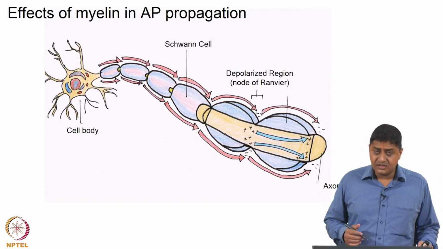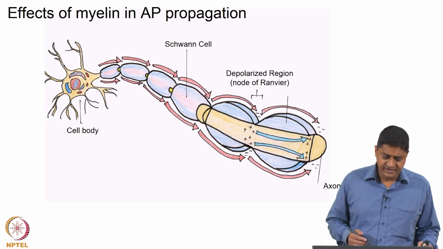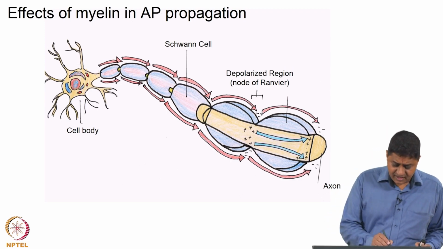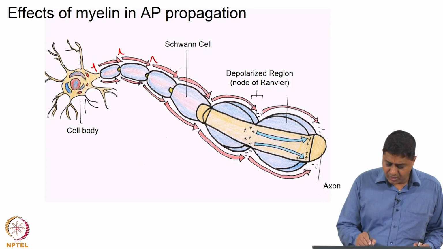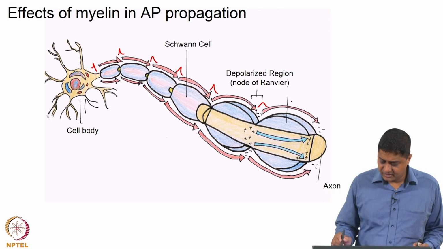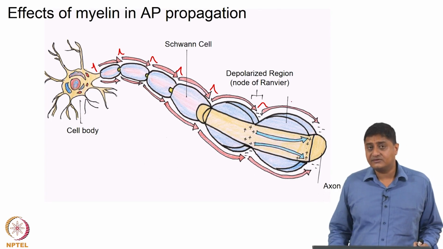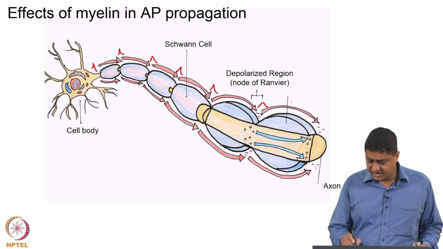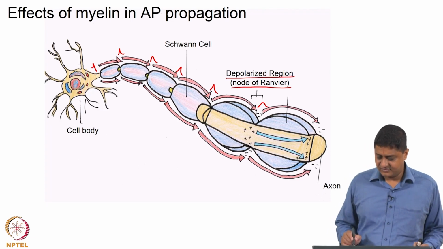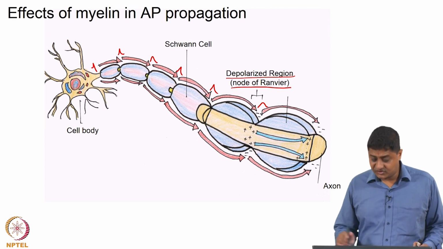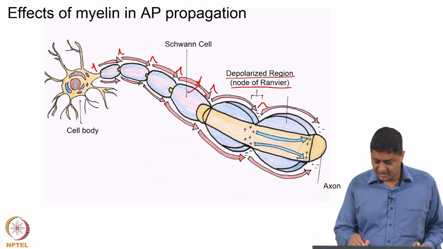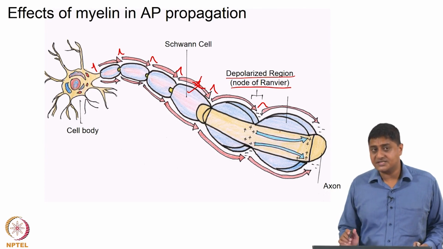What does this do to the action potential propagation itself? We discussed in the previous class. Basically, when an action potential is generated, it is jumping from one node of Ranvier to another node of Ranvier through saltatory conduction, right. The depolarized region is just present in the nodes of Ranvier, right. And since ions cannot escape through the myelin, they must diffuse through and cause depolarization in the next node of Ranvier.